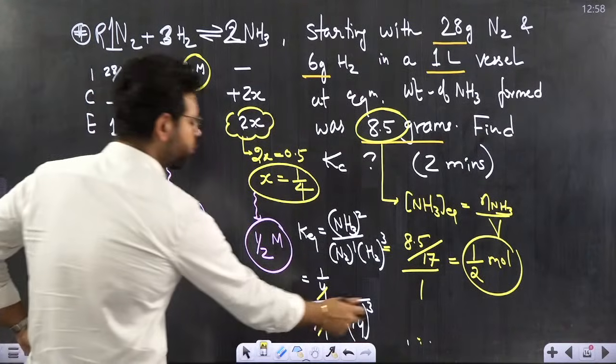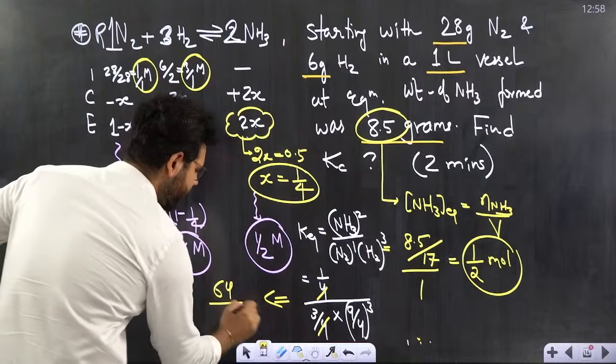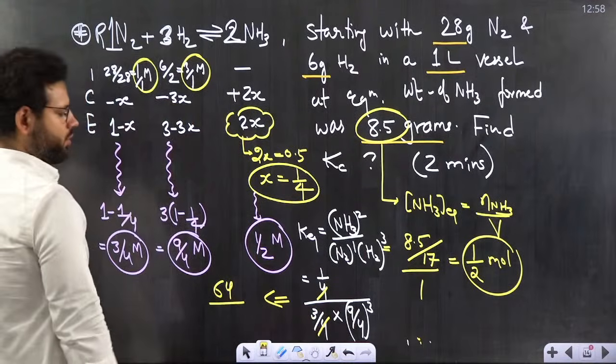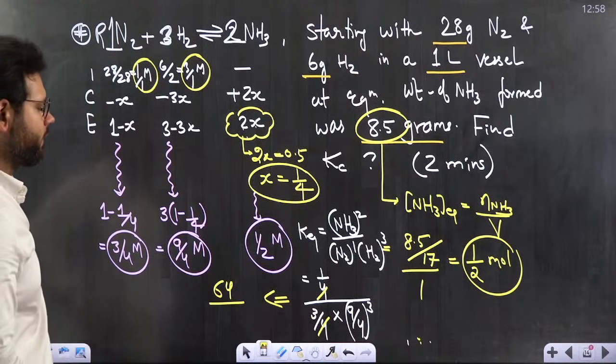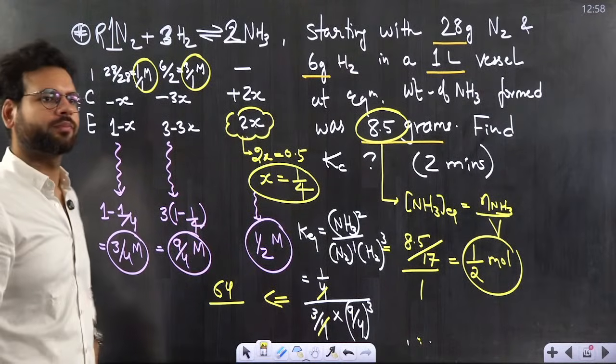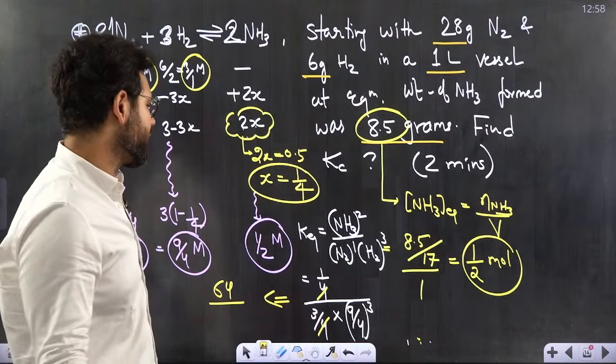So we get 4 cubed going up, 64, and at the bottom 3 into 9 cubed.